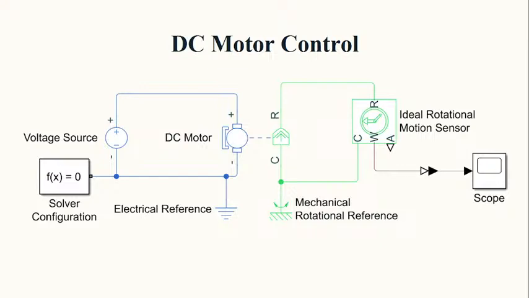Here we are showing the battery consumption and the motor types, like the DC motor. The blue color shows simulation components, the green color shows Simscape components, and also the blue color shows electrical components and the green color shows mechanical components, right?